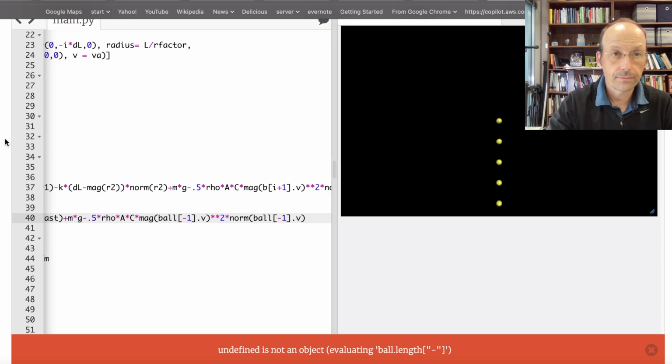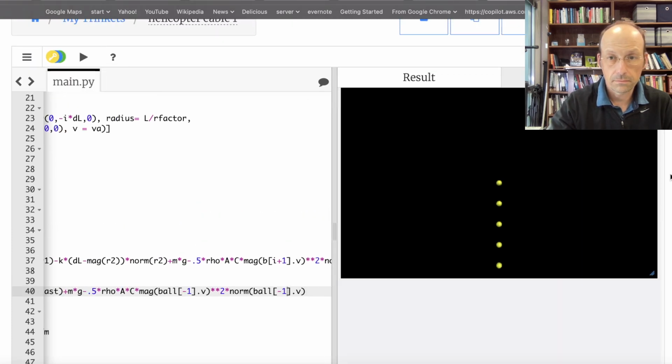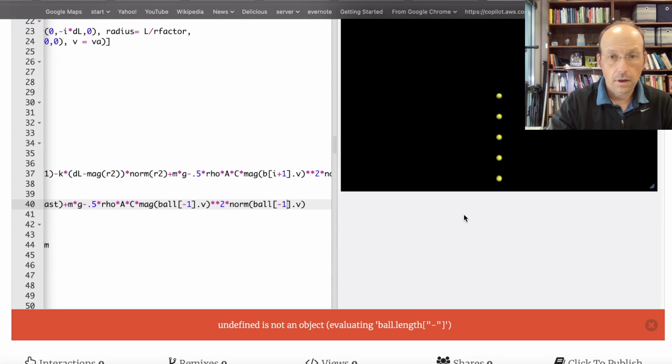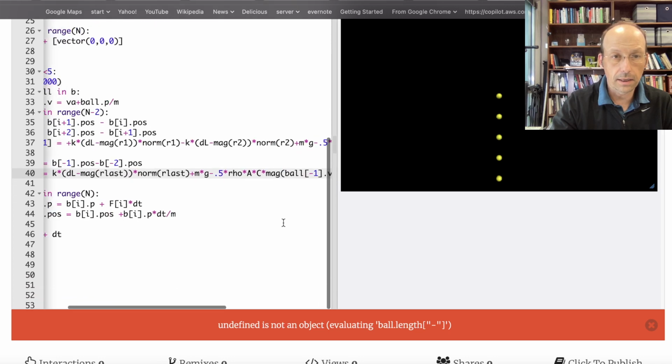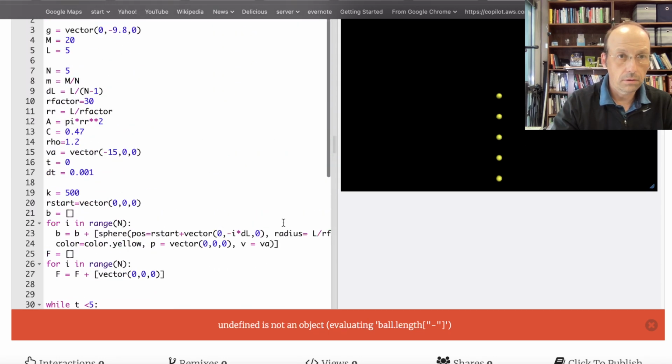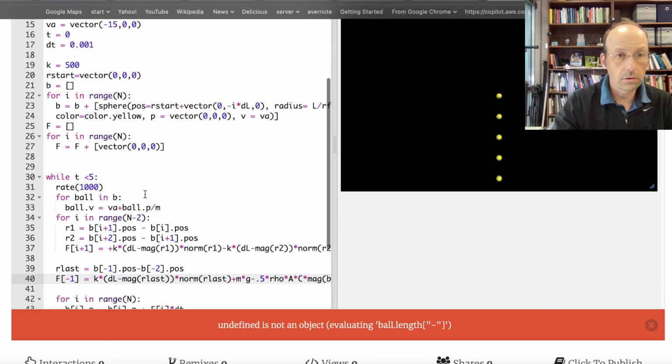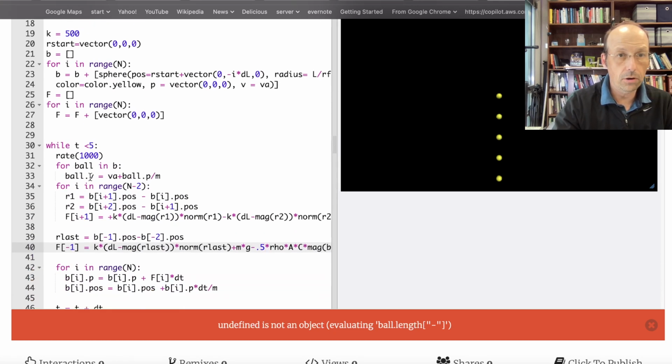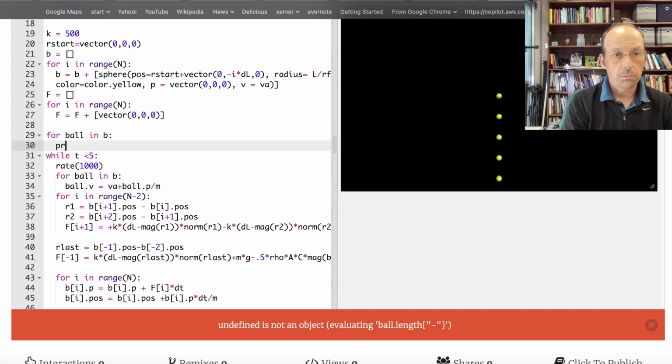Let's see. No. Object evaluating ball length. So something with the ball. So where do I have a ball? For ball in ball. ball.v equals VA plus ball.p. Let's say for ball in B, print ball.v. Let's just try that.